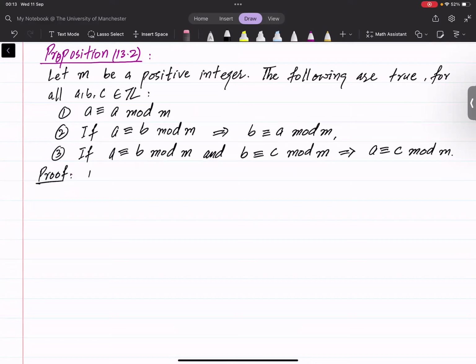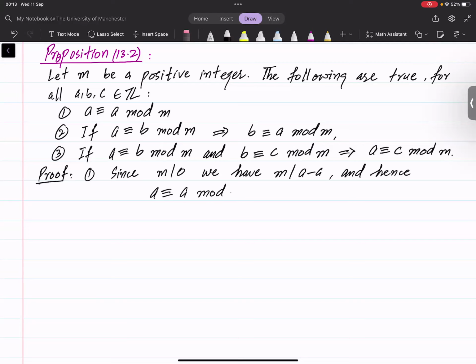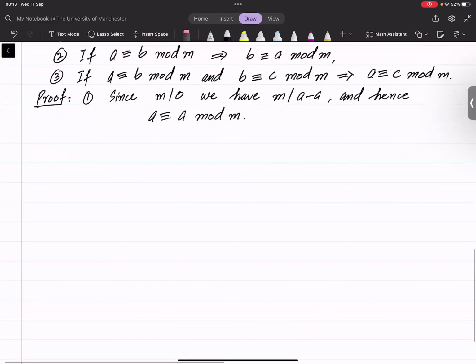And there we say, number 1, since m divides 0, we have m divides a minus a, and hence a is congruent to a mod m. 2, if a is congruent to b mod m, then m divides b minus a.